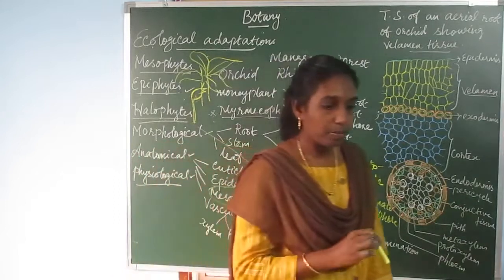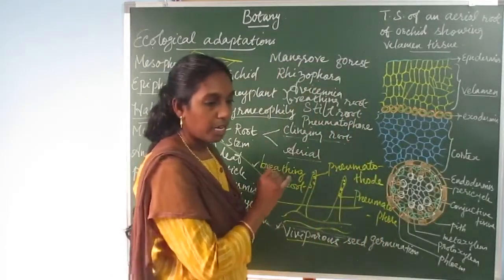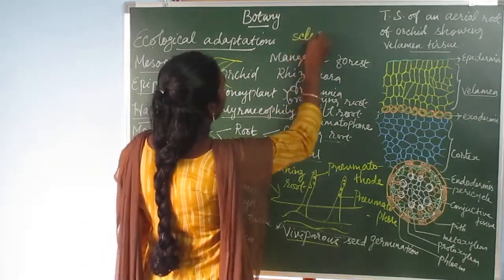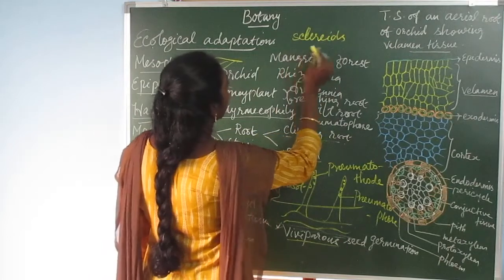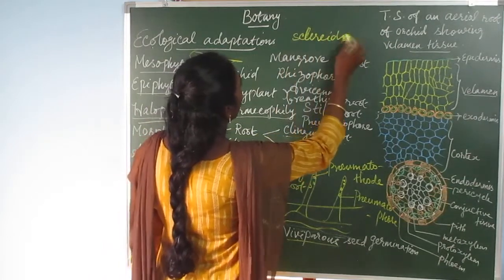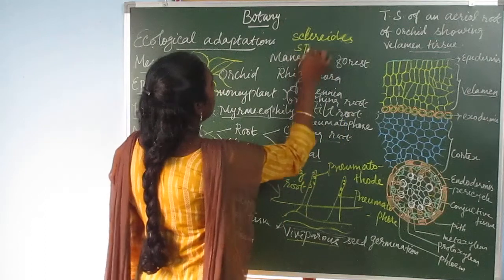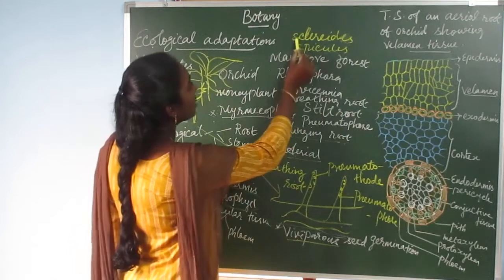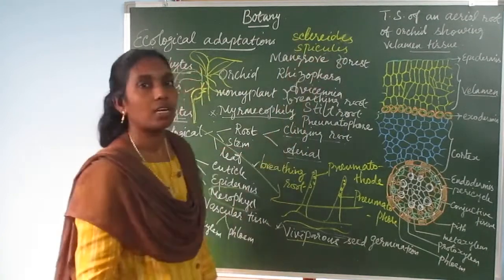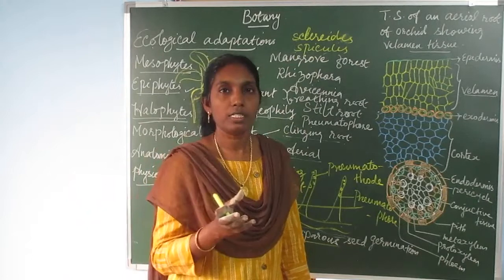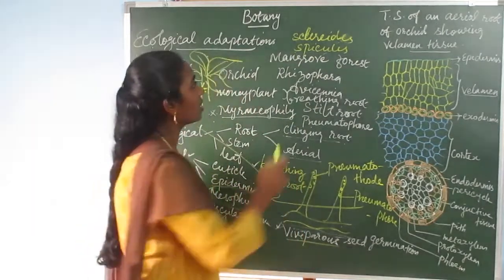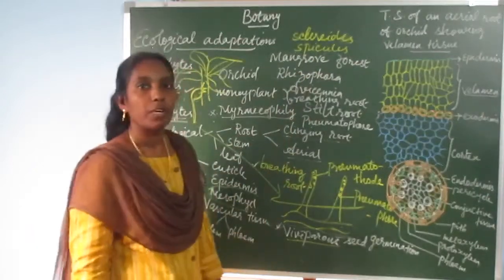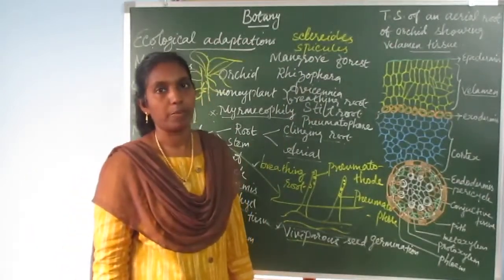Remember these two points, sclereids and spicules. The sclereids are otherwise called stone cells. They are star-shaped stone cells, and the spicules are H-shaped.